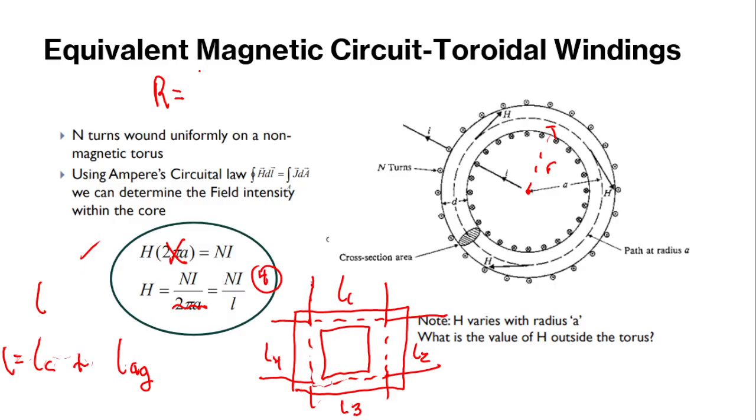R is equal to the length divided by the permeability of the material times the area. Correct, that is the main equation. All the other R's are called derived equations. Anytime you're calculating reluctance, this is the main one. Yes, you can obtain reluctance by different equations, but this is the main one.